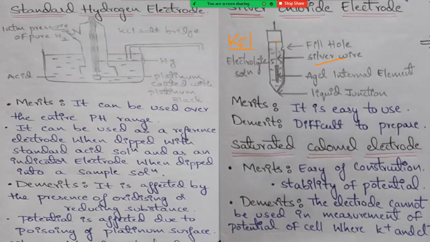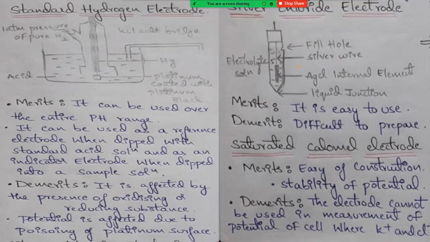Why? Because the KCl is not changing. We are using the same solution for the entire experiment, so we can get fixed, standard potential values. That's why the silver chloride electrode is also called a standard or reference electrode.